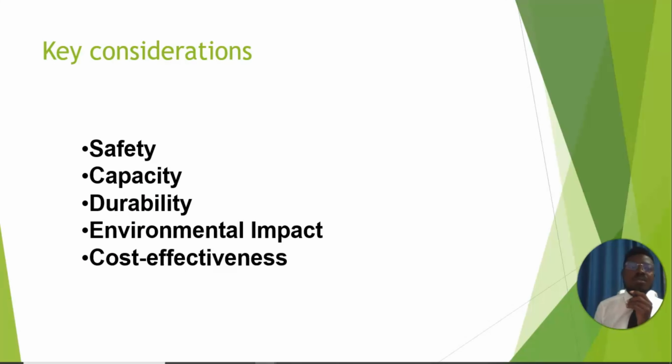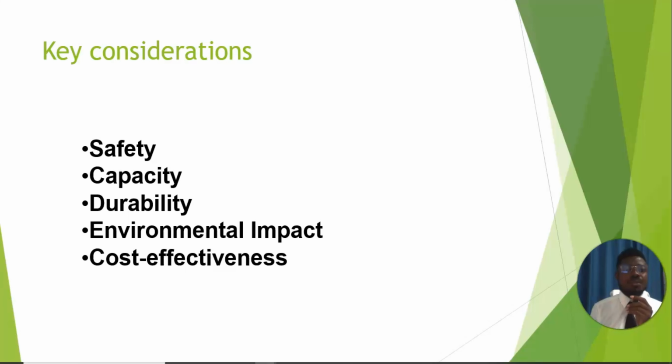So we have some key considerations in road design, and the number one consideration here is safety. We know safety is very important, and we must ensure minimal accidents through proper design elements. That is, the elements on the road have to be such that even if there is going to be an accident, it is at the minimal, the lowest rate.